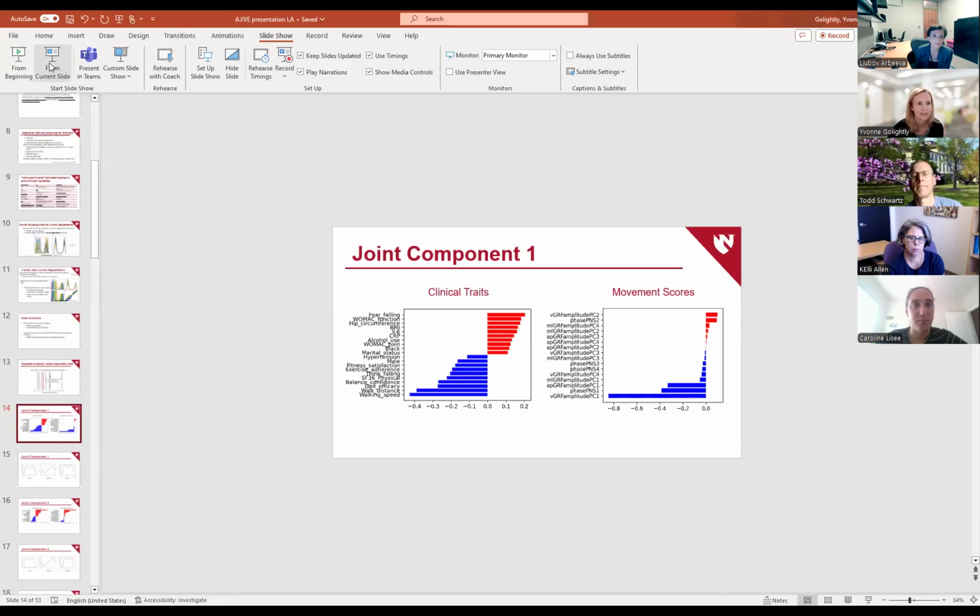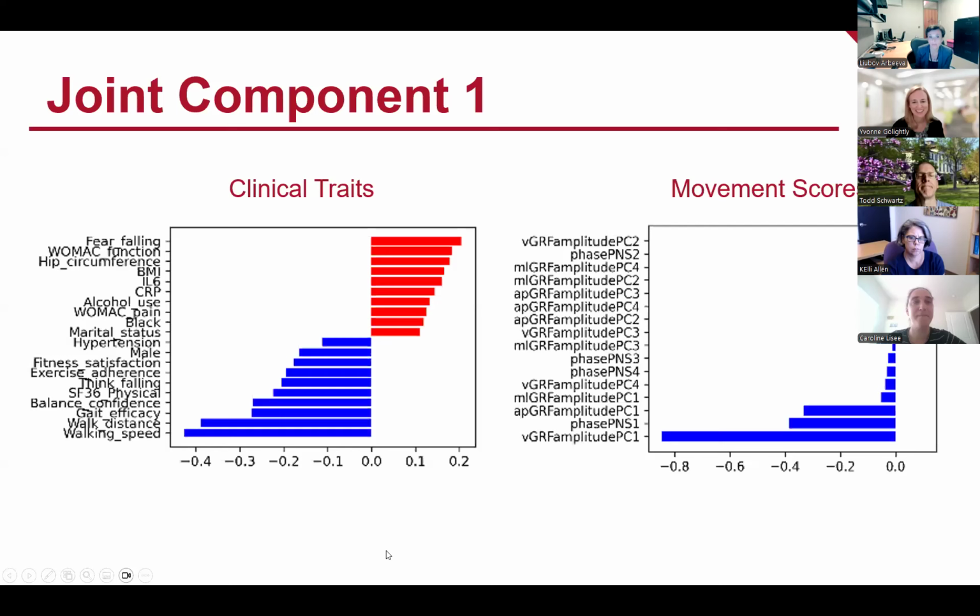Yeah, that is correct. I can show an example so we know what we're talking about. Sorry, let me share. Okay, so something like this with the walking speed. A lot of this is, my understanding, visual, and Liubov, you can jump in and correct me if I'm wrong.